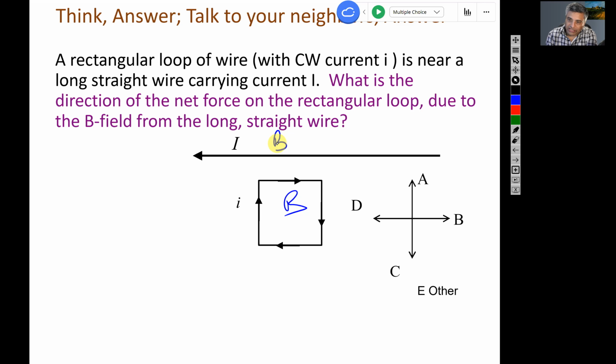The magnetic field, the direction of the magnetic field. That's why let's do that. So it looks like on this side, it's going to be coming out. So that's how the magnetic field looks like.